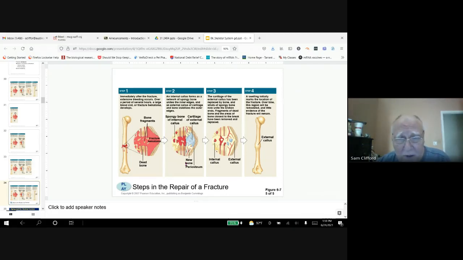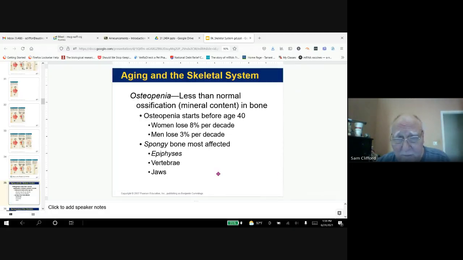We know that bones can be repaired, and osteocytes, osteoblasts, and osteoclasts are involved in that process. If you have too little calcium, we all are losing it. Spongy bone is the most affected, and so osteopenia is the lower levels of calcium.